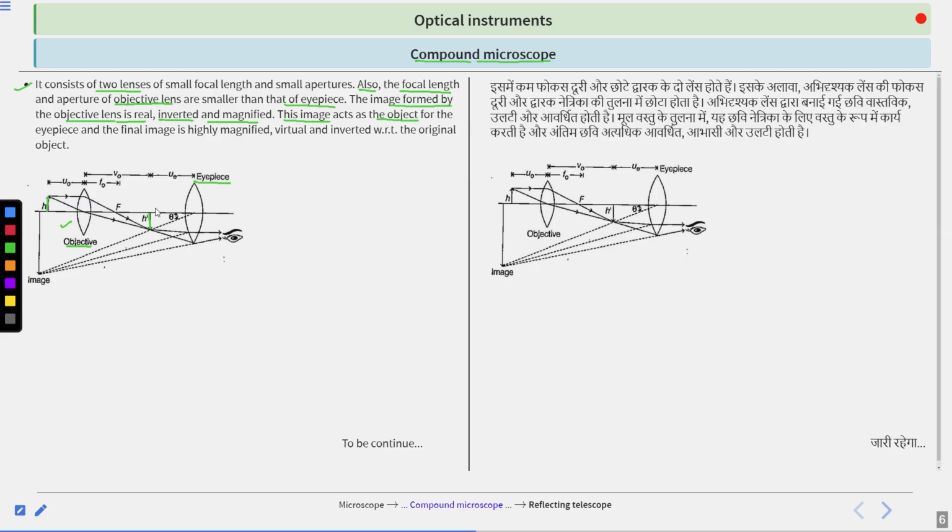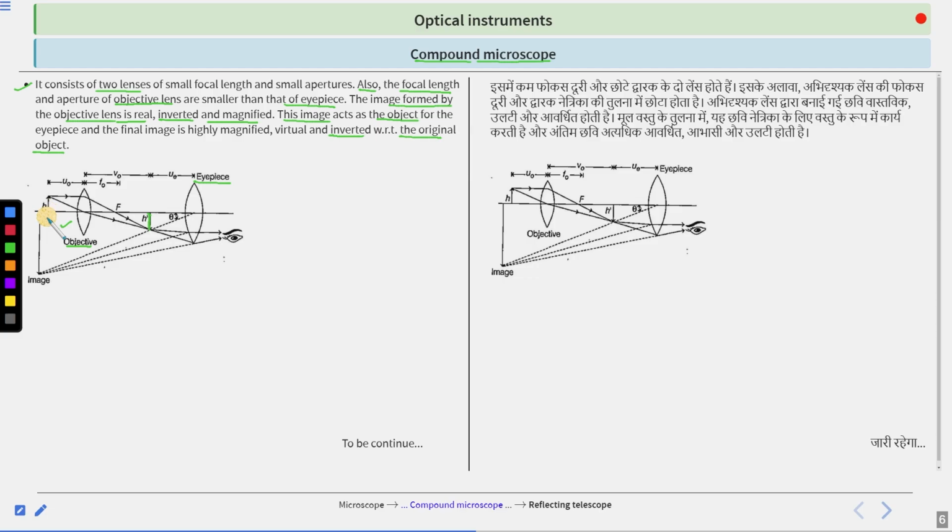But the main point is this image acts as an object for the eyepiece. Clear? This is the eyepiece lens, and this image acts as an object in the case of the eyepiece, and the image of this object is highly magnified. Clear? And virtual. This image is virtual and inverted with respect to the original object. Clear? The original object is this one.